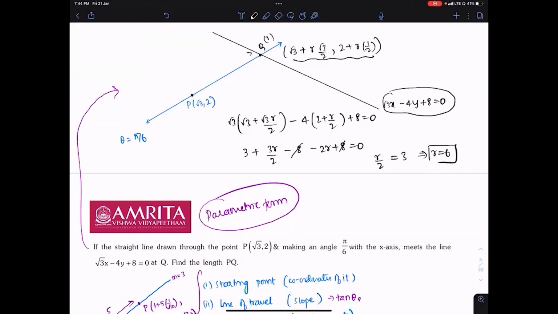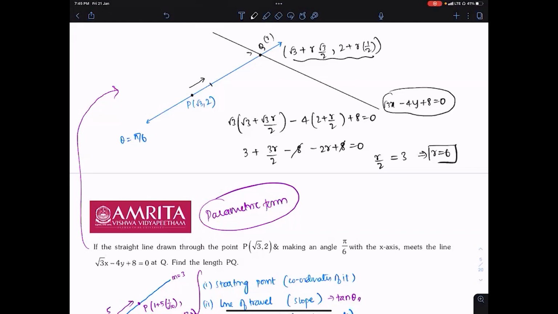So here let me explain why I substituted this point, which is written in r, in that line equation. For example, if I put r equal to 1, what will I get? Think. If I put r equal to 1, I will get a point which is at a displacement of 1 unit from P. Now that point may or may not be on that line.